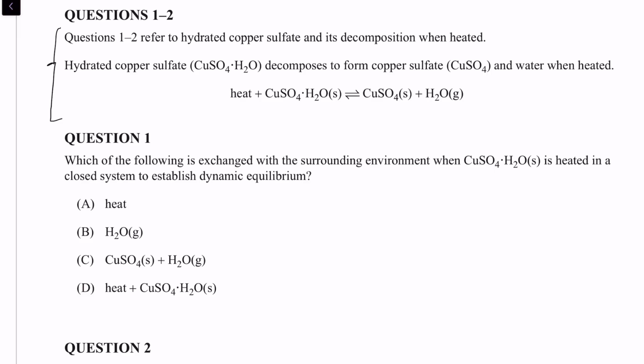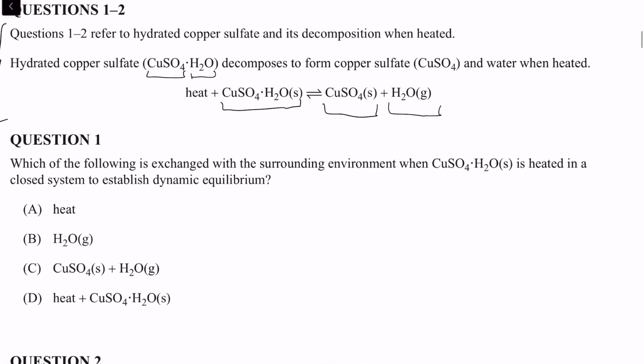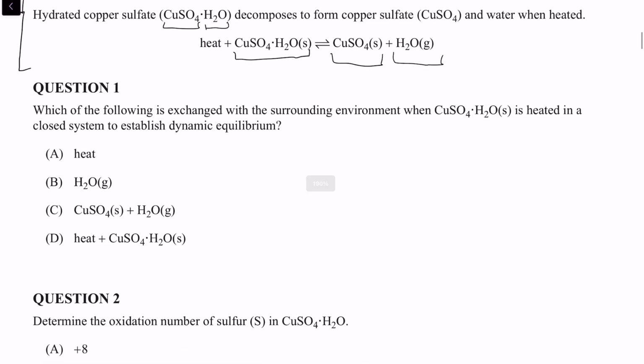So hydrated copper sulfate, which is basically just copper sulfate and water with a dot in between, decomposes to form copper sulfate and water when heated. Right? So essentially, what we're doing is we're heating this hydrated copper sulfate and then, sorry, we're separating them into these two separate components.